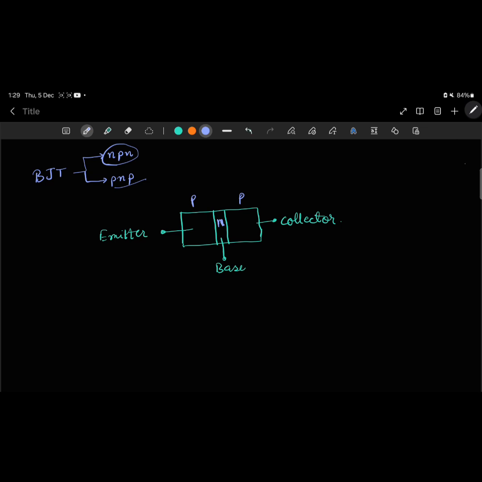In a bipolar junction transistor, there are two PN junctions. It appears as if two diodes are connected in series, something like this.